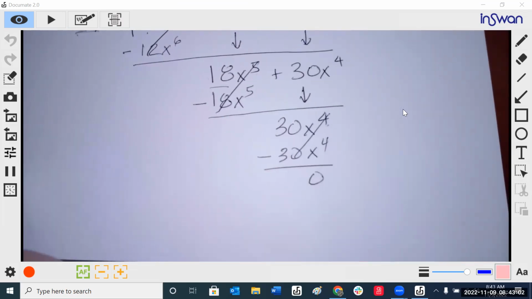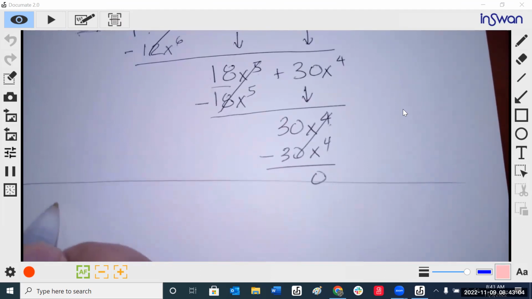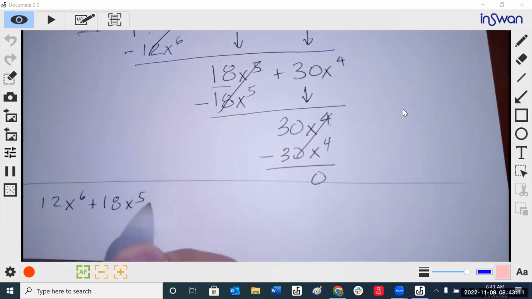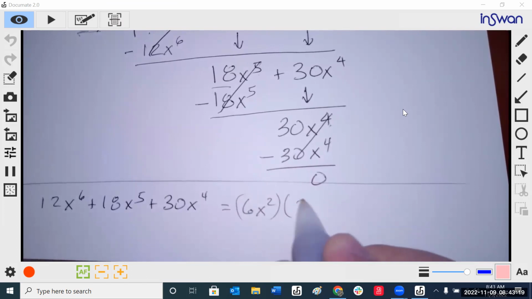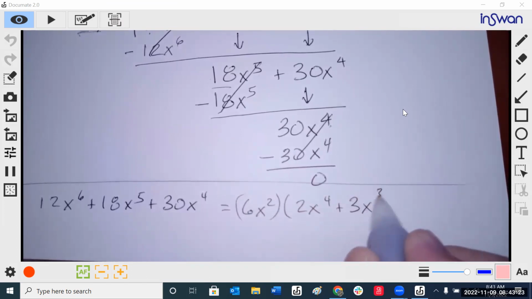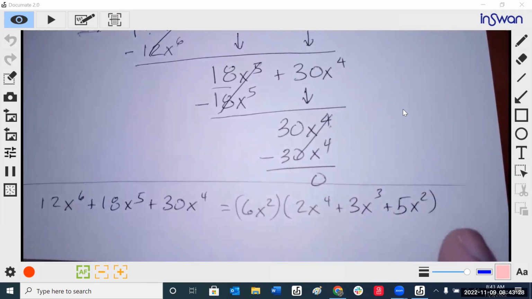This is our check. 12x to the 6th plus 18x to the 5th, 30x to the 4th is equal to 6x squared times 2x to the 4th, 3x cubed, 5x squared.